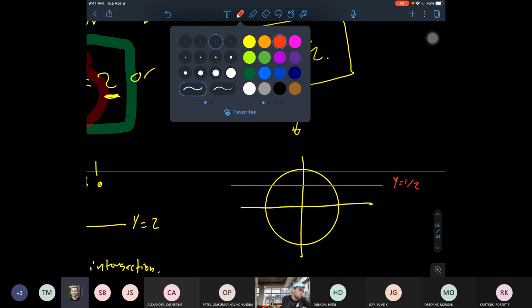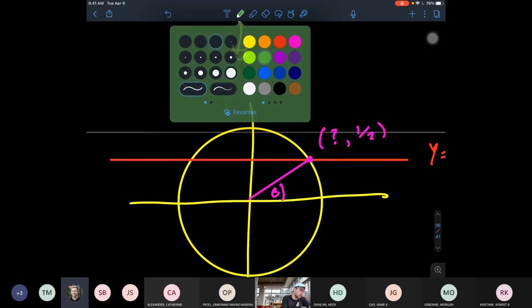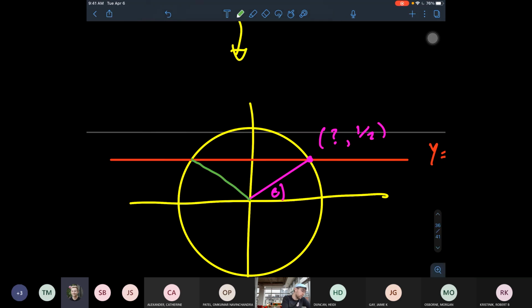And then we can see that there's 2 points on the unit circle that are going to satisfy this equation. There's the angle theta, which points here at the point (?, 1/2). And then there's the angle theta which points at this point over here, which is the point (?, 1/2). Its angle looks like this.